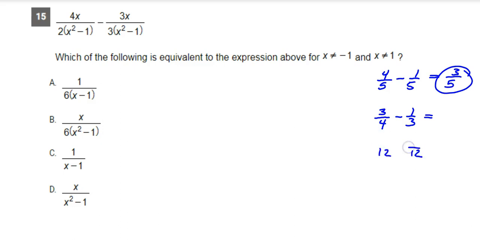So I would change these both into 12ths. Then I have to multiply 4 by 3 to get 12, so I also have to multiply the top by 3, and that would be 9. Here I multiply the bottom by 4, multiply the top by 4, and now I can subtract these two, and I would get 9 minus 4, which is 5/12.